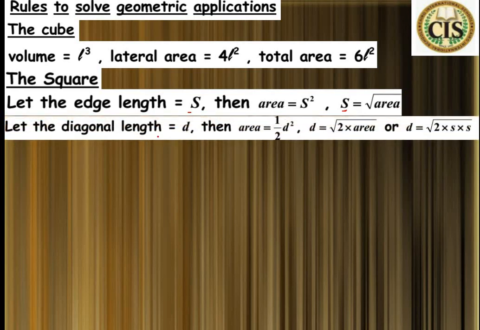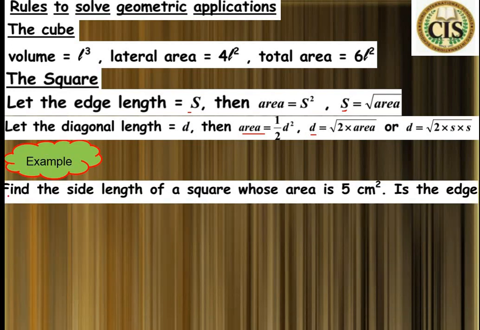If we have the diagonal, the area of the square equals 1 over 2 d power 2. If we need the diagonal, we take the square root of 2 times the area, or d equals root of 2 times s times s. What's the meaning of s? S is the side length of the square.